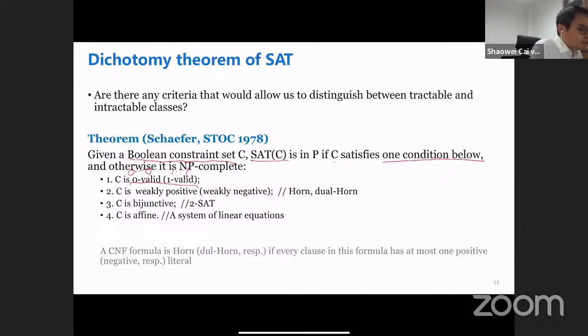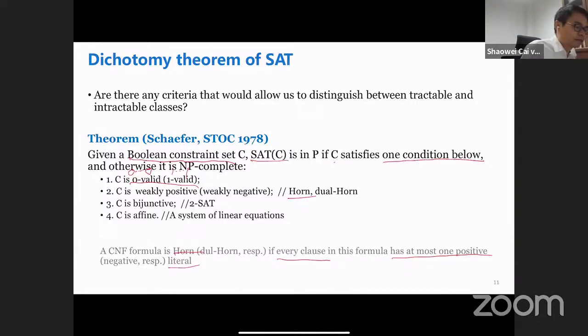Okay. And the second condition, C is weakly positive. Weakly positive means every clause is a Horn clause. And a Horn clause means that every clause has at most one positive literal, and the other literals are all negative. This is the Horn formula.